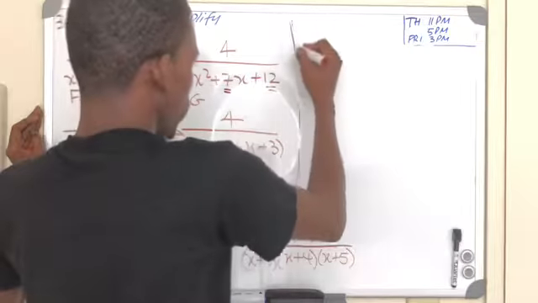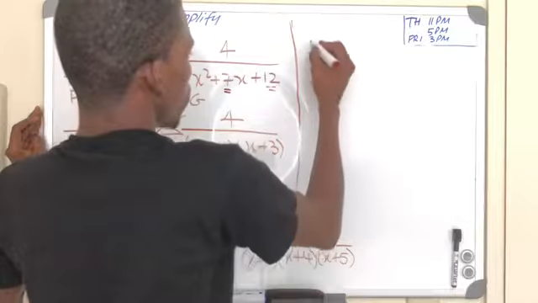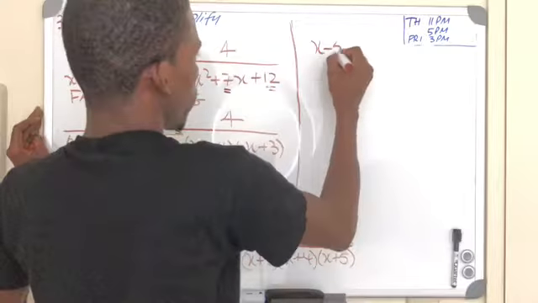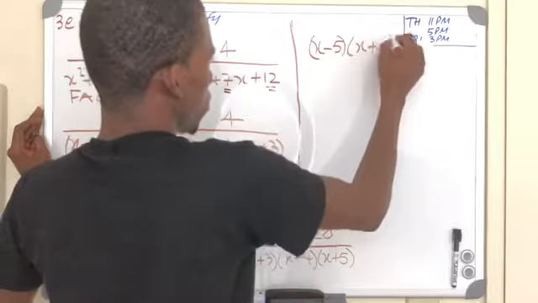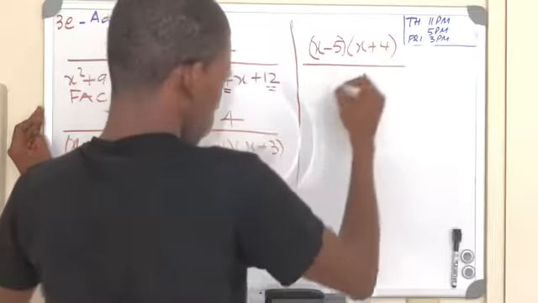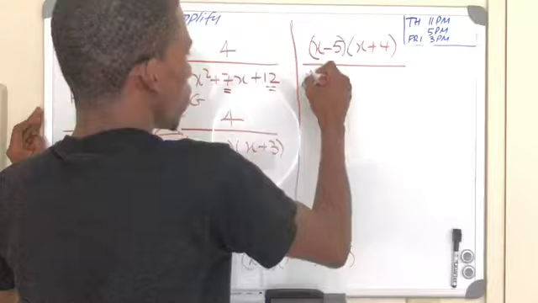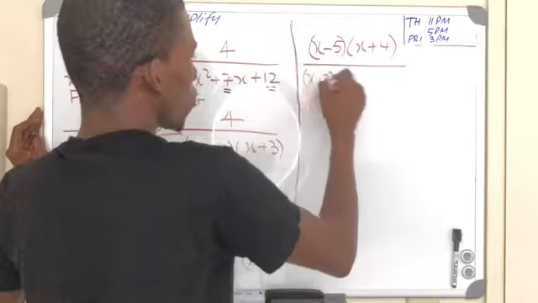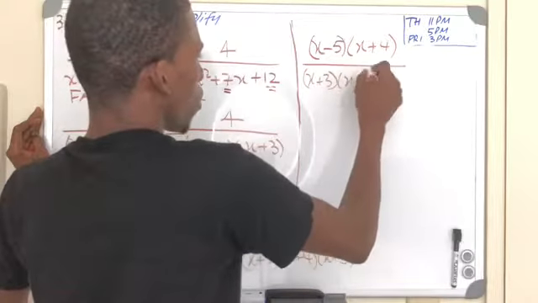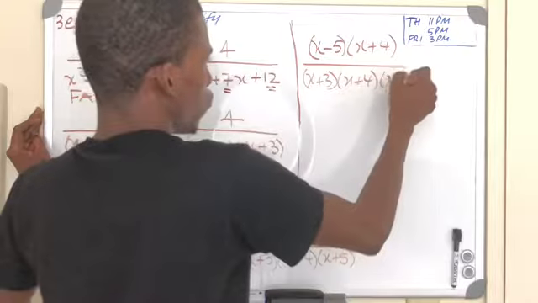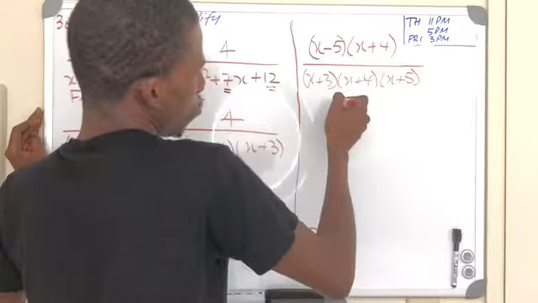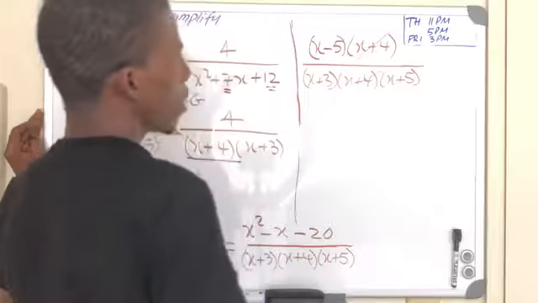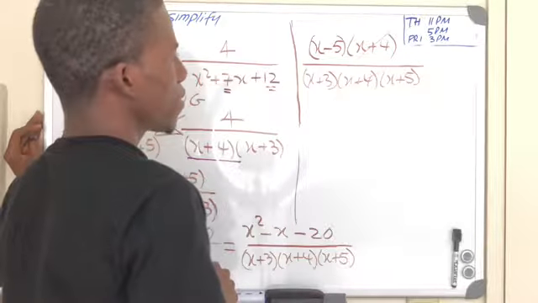Okay, so all of that was just for your understanding. So now the top gives me x minus 5 times x plus 4, remember? It's going to be over all this: x plus 3, x plus 4, x plus 5, x plus 5. I have x plus 4 in the numerator and x plus 4 in the denominator, so I simplify.